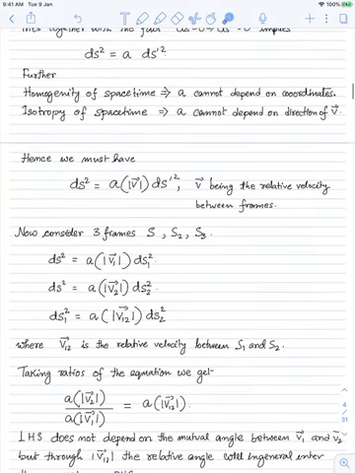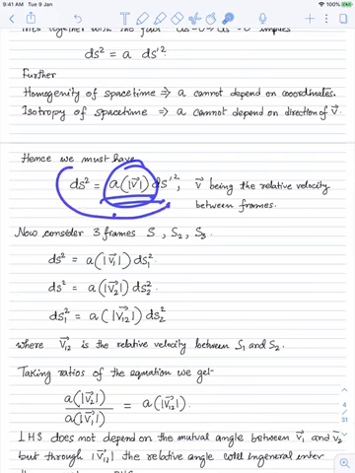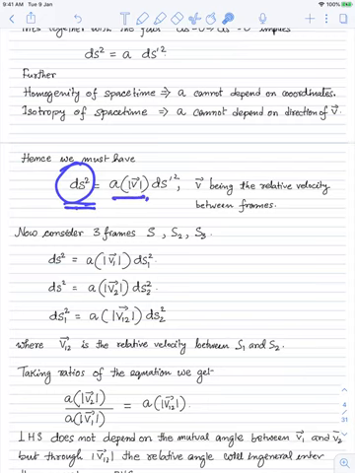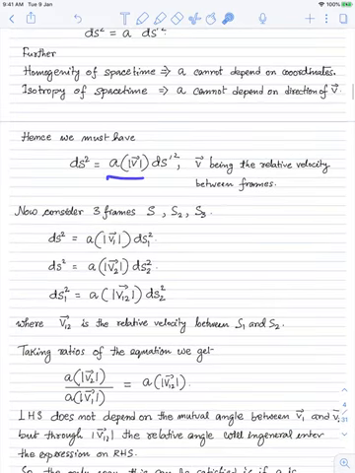If this A is not equal to 1, then of course this interval would not be invariant, because in one frame the interval is something, and in the other frame, depending on velocity, it is something else. So let us see if we can say anything more about this proportionality constant A.